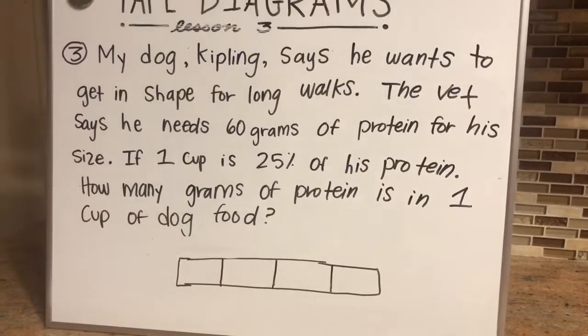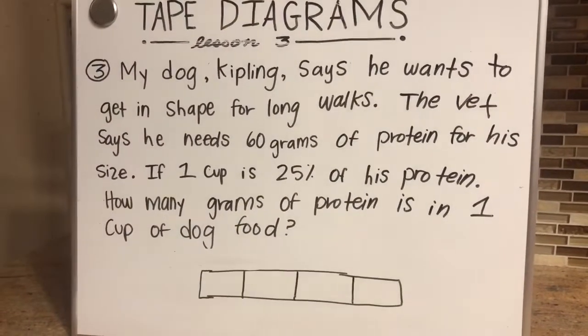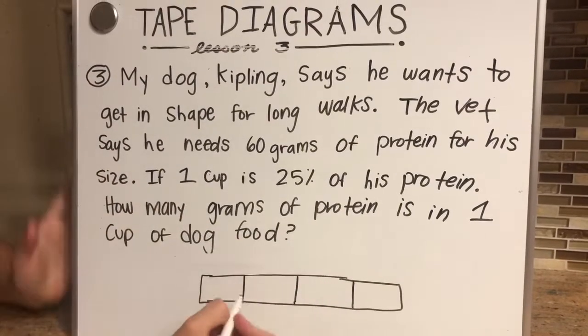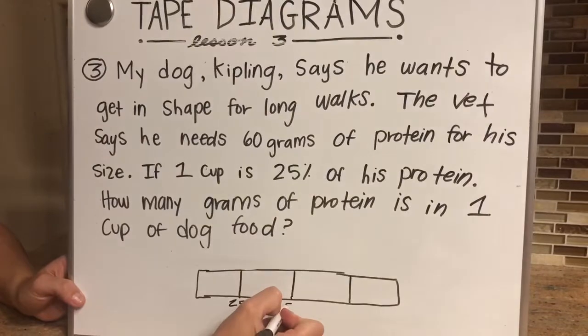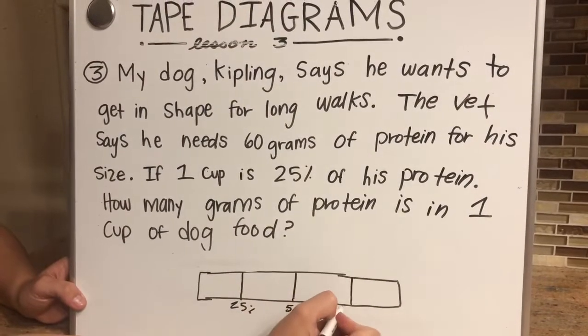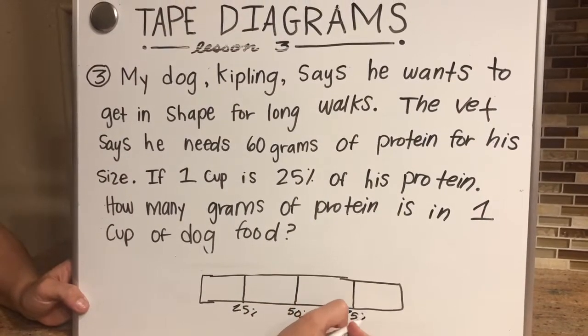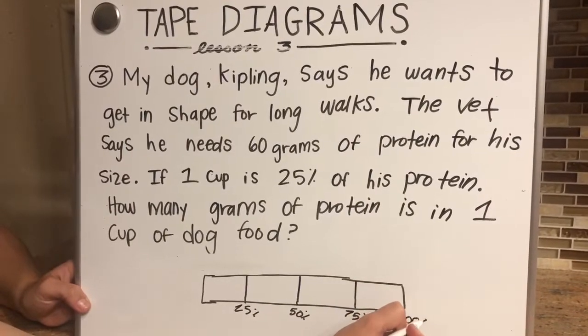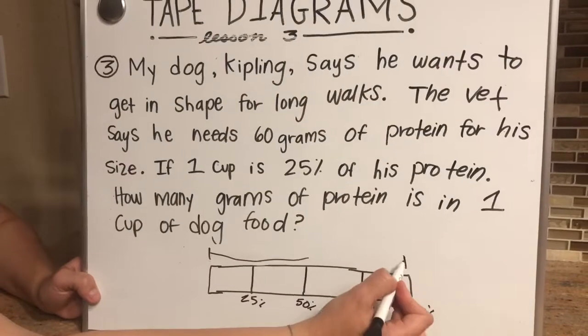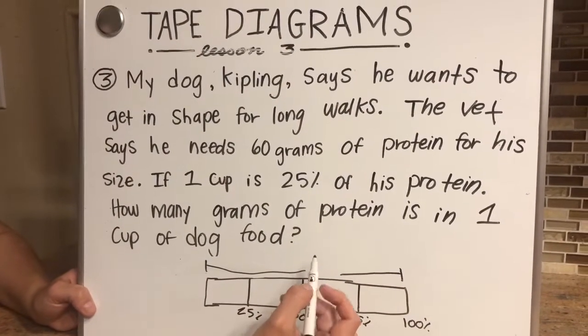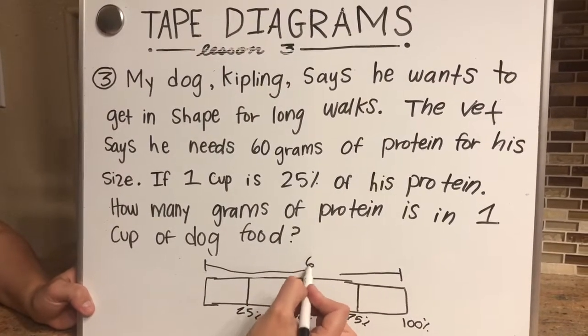This is just like question 2. So think of 4 parts. We're going to split it in 4 parts. We have 25%, 50%, 75%, and 100.